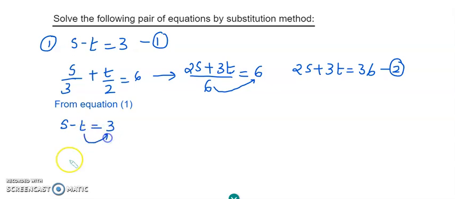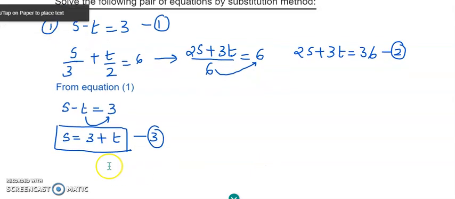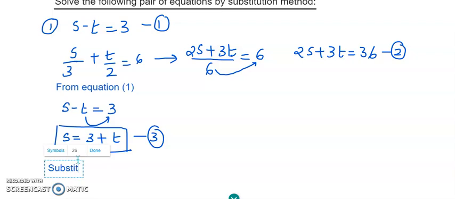I'm going to shift the t to the other side, so s is equal to 3 plus t, which is my equation 3. I'm going to substitute this in equation 2. So let's write down: substitute s is equal to 3 plus t in equation 2.